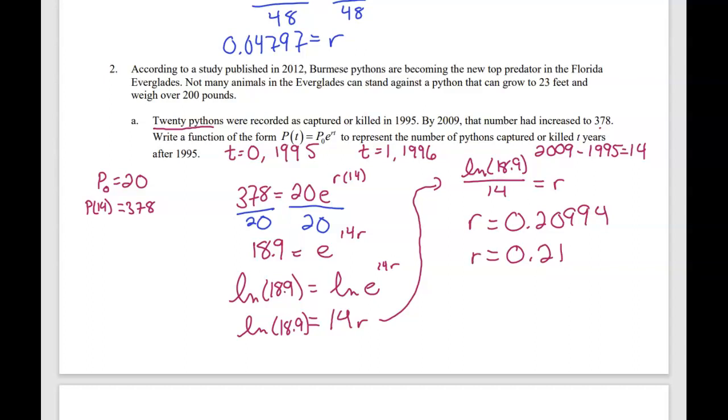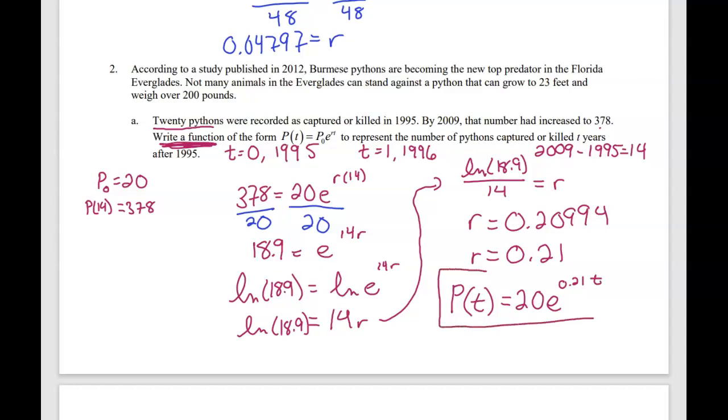So that's my r. Now I want to write the function. So here's the thing. When I write the function, I want P of t because I want to be able to plug in any t value in here. I need to keep that initial amount, 20, e, my r is 0.21, and I'm going to leave my t.